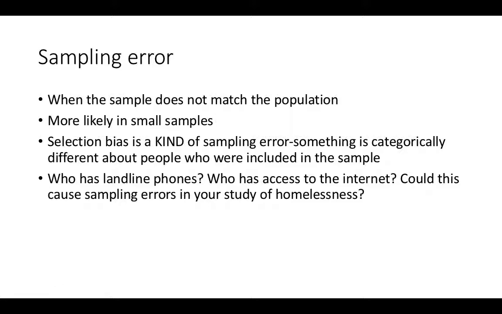And again, this is more likely in small samples. And so if you're studying homelessness, for example, and your study is set up so that you call people on landline phones, you might get a lot of sampling error, and you probably have selection bias at play contributing to that sampling error.